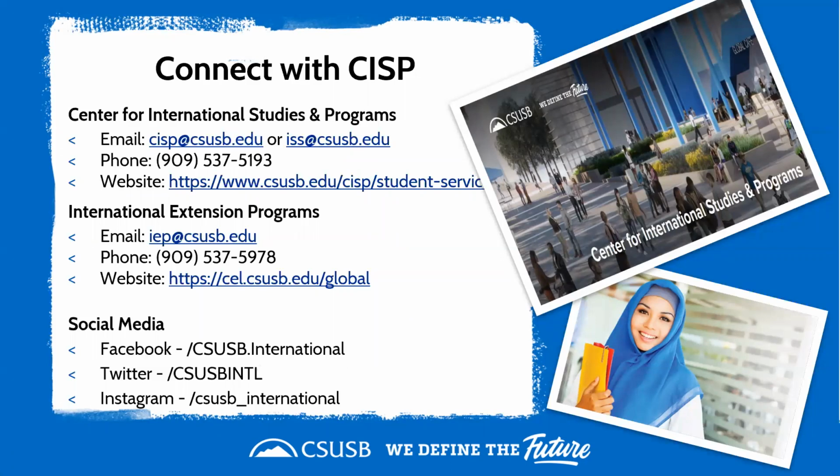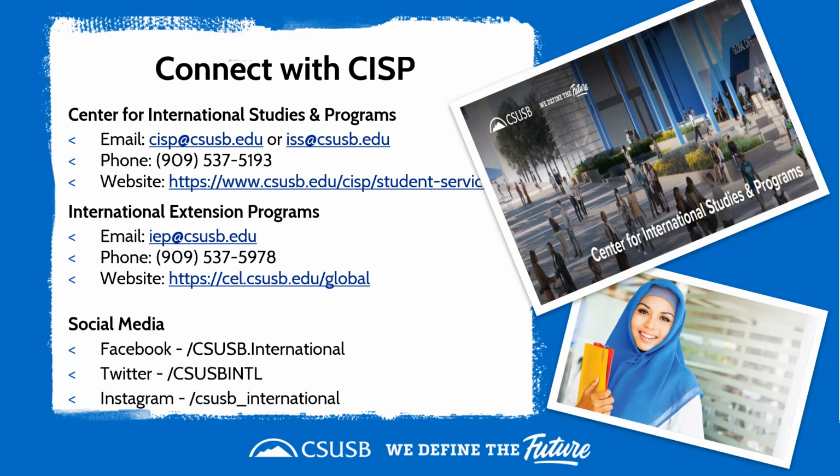How can you stay in touch with our office? Well, you can email us at cisp@csusb.edu or at iss@csusb.edu, or simply call our front office at 909-537-5193.